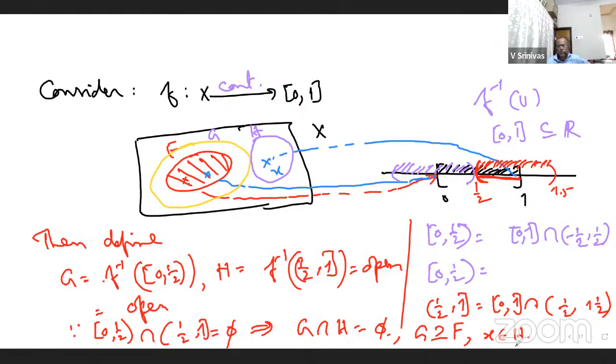Okay, so X belongs to H. I'm calling this H. So I have got two open neighborhoods, G and H, such that F is sitting inside G and X is sitting inside H, and that these G and H are disjoint. Okay, means what? Our space X is regular. Therefore, capital X is regular.